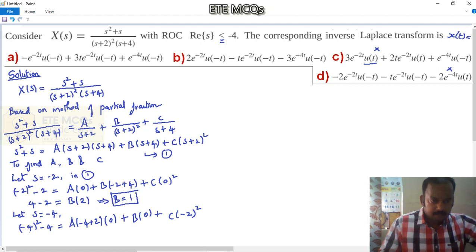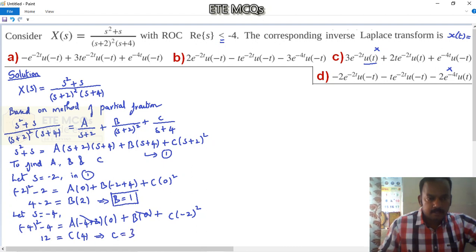So minus 4 squared is 16, 16 minus 4 is 12. So we get 12 is equal to A into something times 0, B into 0, and C into 4, since minus 2 the whole squared is 4, which implies C is equal to 3. So B and C are identified.